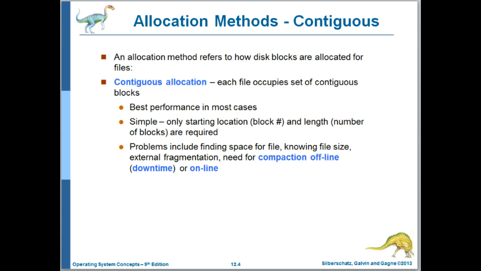Very few seeks, but we'll have to deal with external fragmentation, leading to compaction from time to time, as well as what we do if the file grows to the point where we have to move it because we don't have enough contiguous space to grow it into.